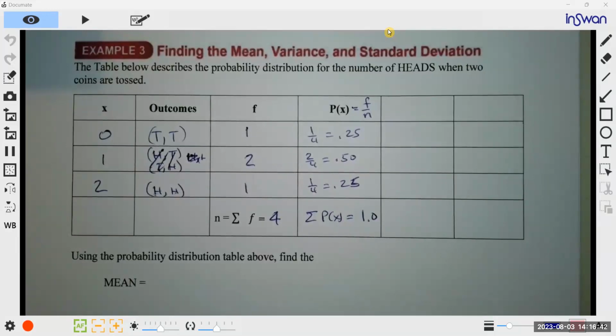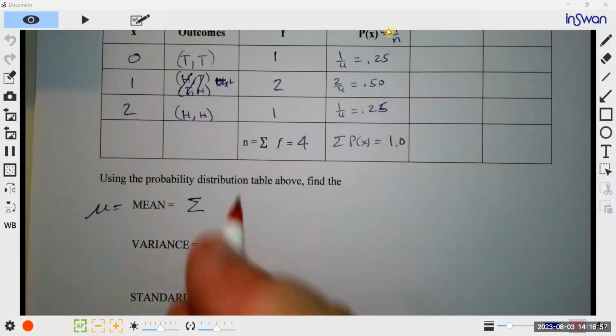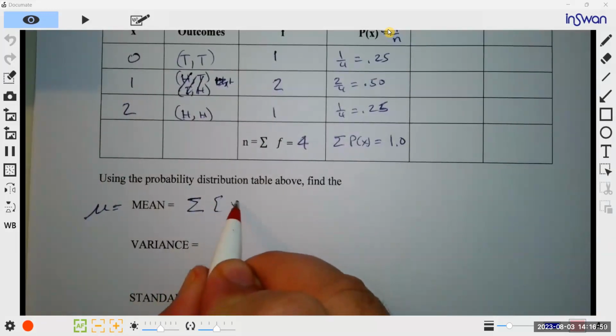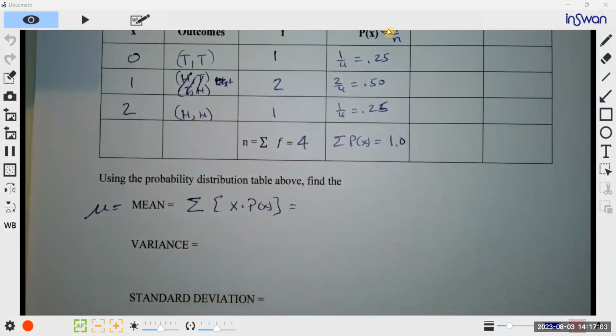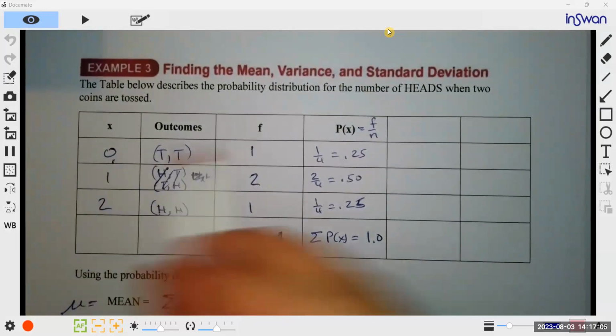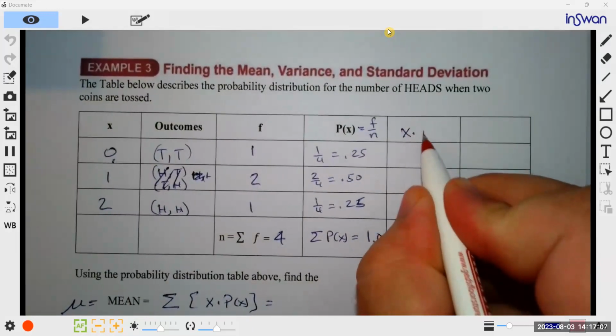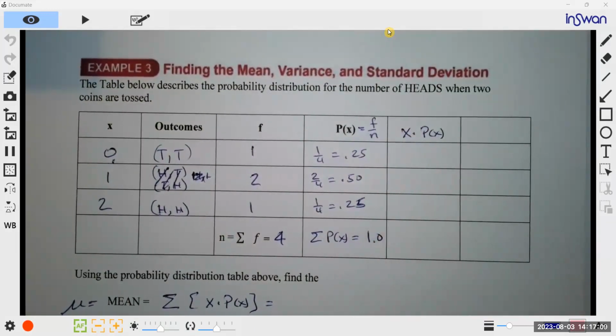Now let's look at these. We have this table created. Let's calculate the mean. The mean, it's the mu. It's x times p of x.